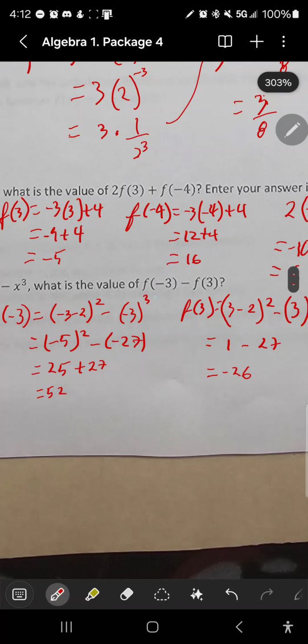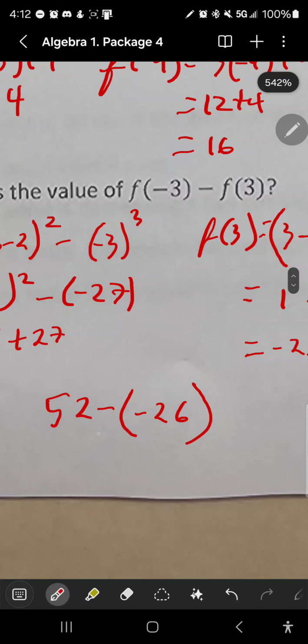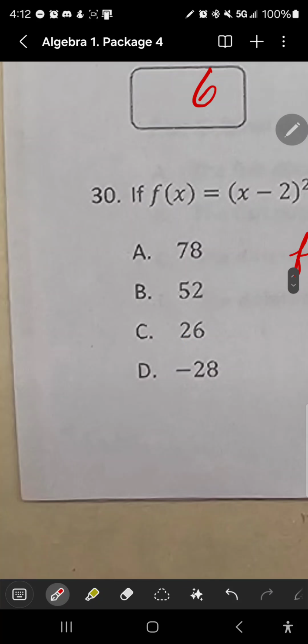Now I can say f(-3), which is 52, minus f(3), which is negative 26. And then we have the same sign, so we put them together. This equals 52 plus 26. And then this equals 78. And here we have our answer.